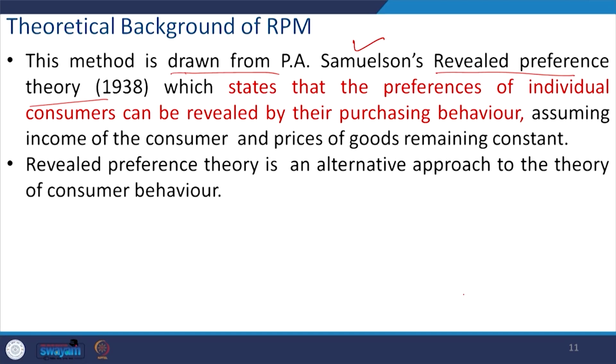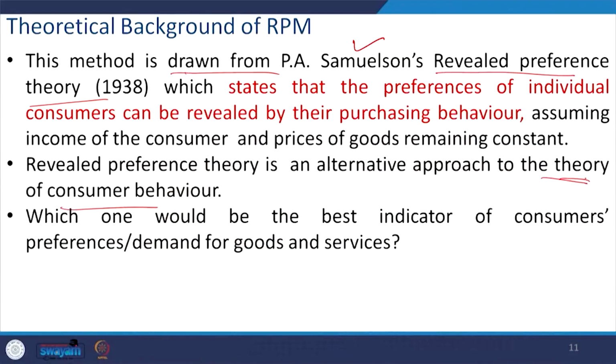Therefore, you can say this reveal preference theory is an alternate approach to the theory of consumer behavior. In microeconomics you have already gone through the theory of consumer behavior: how the consumer behaves in different situations, and how the consumer demands different goods and services.